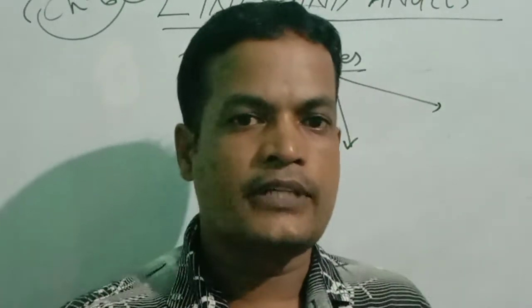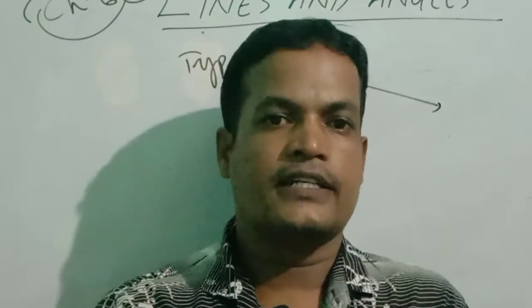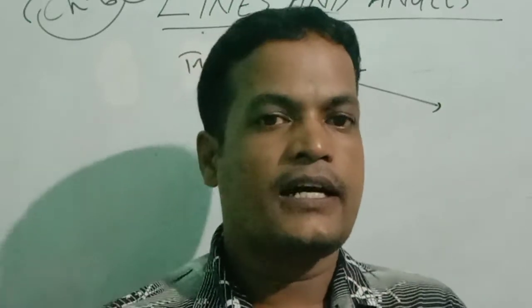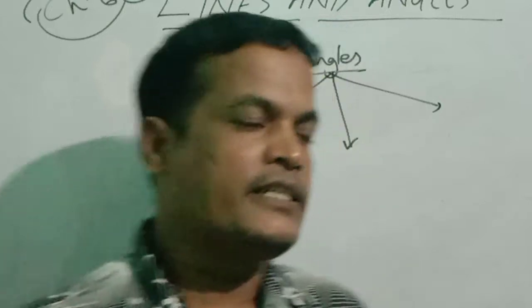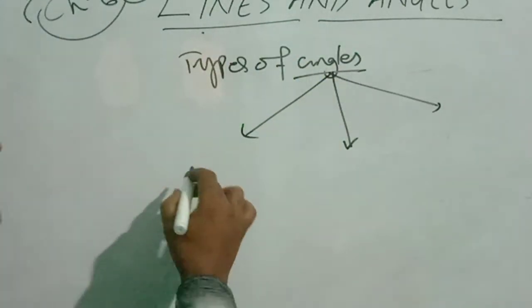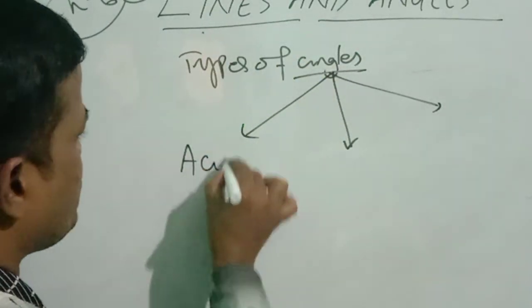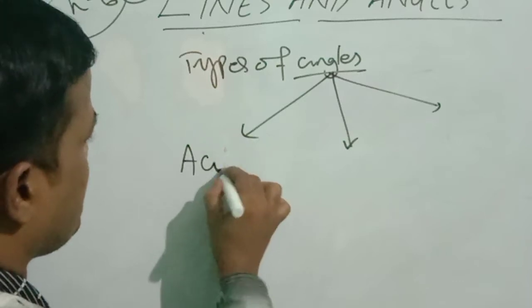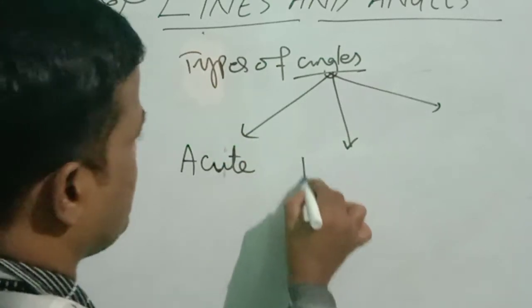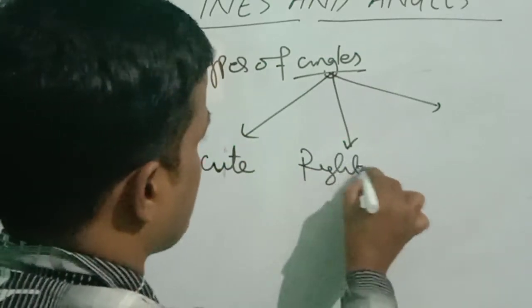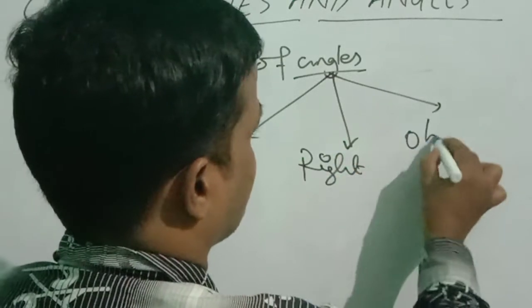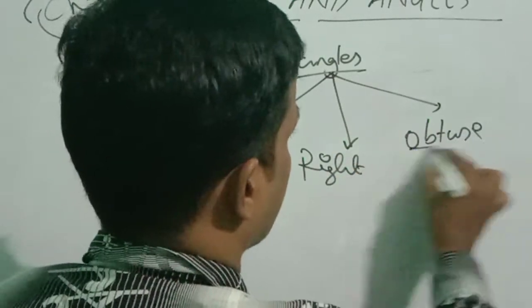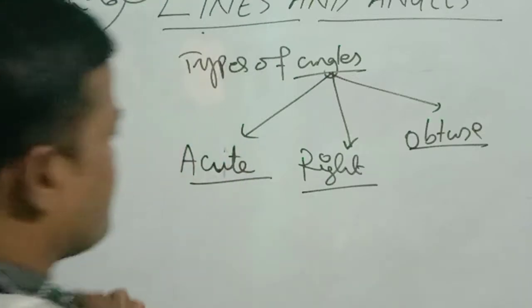Number one is the acute angle, less than 90 degrees; the right angle, equal to 90 degrees; and the obtuse angle, more than 90 degrees but less than 180 degrees. You can say acute angle, right angle, and obtuse angle. Okay friends.